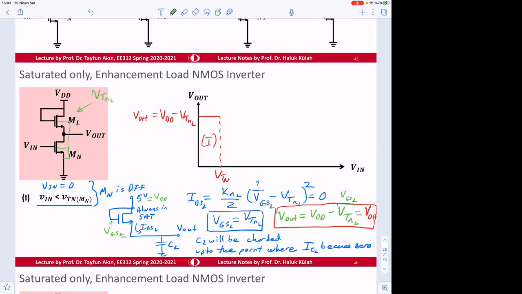VTN of L is going to be equal to VTN of L at 0 volts plus, did you learn this before?